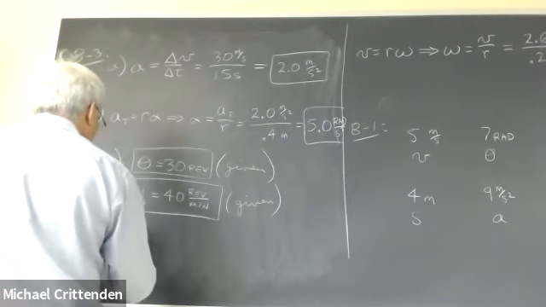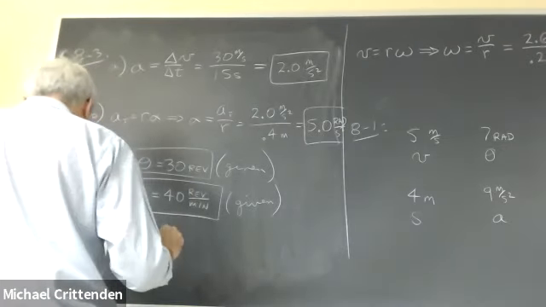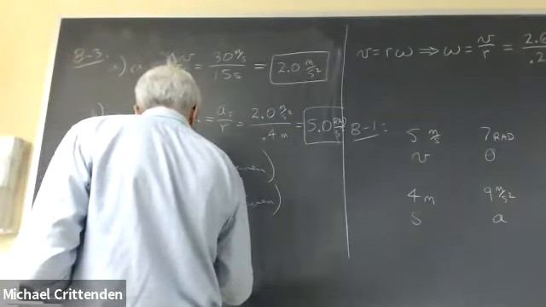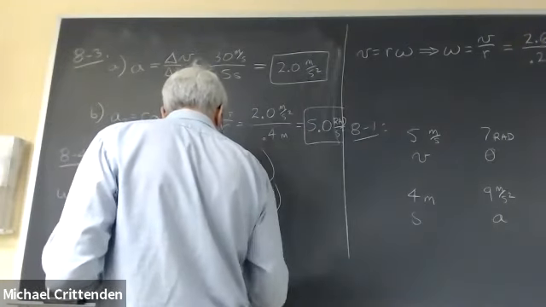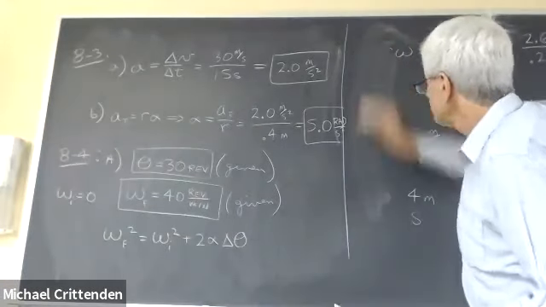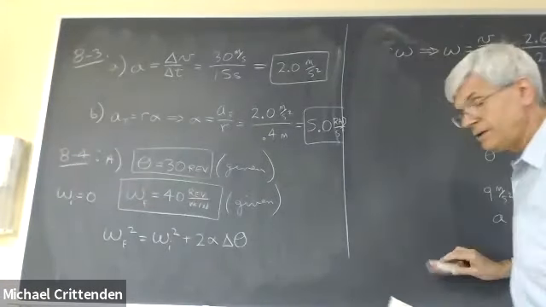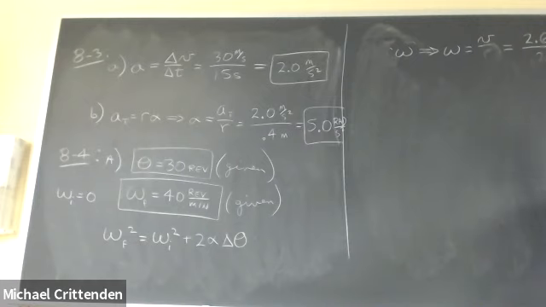Omega final squared equals omega initial squared plus 2 alpha delta theta. And there's other ways of doing it also. If you did it some other way, your way is not necessarily wrong, but I think this is the quickest, most efficient way to get to the answer.